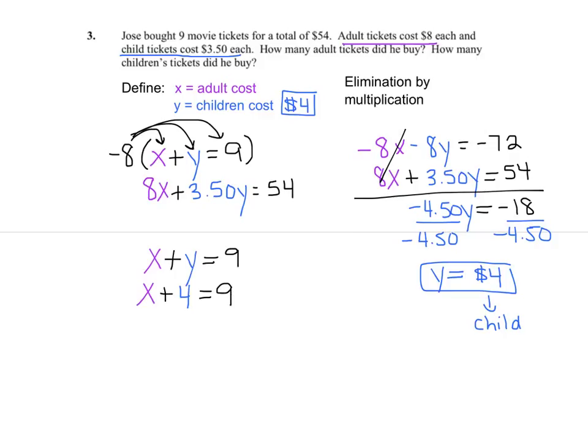Our next step, we're going to subtract 4 from each side. And we're left with x equals 9 minus 4 is $5. So your adult ticket is equal to $5. And we'll put it right up here with adult. And that is $5.